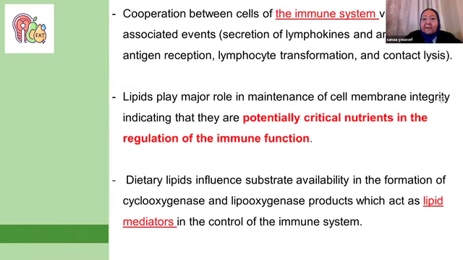Now, dietary lipids influence substrate availability in the formation of cyclooxygenase and lipoxygenase products, which act as lipid mediators in the control of the immune system. Whenever any organ is attacked, the cells of this organ start to release the lipids which are within the cell wall, to protect it and to fight back the infection.